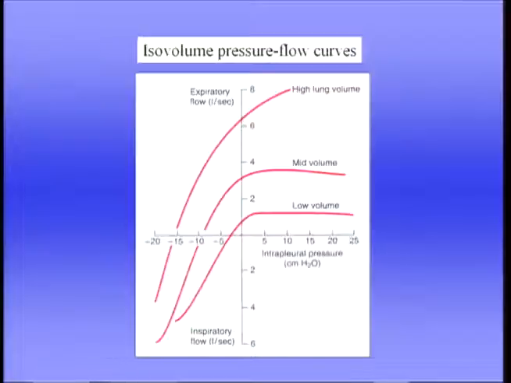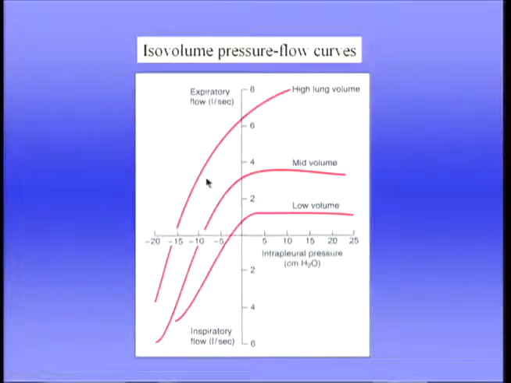And that's what you'd expect: the more you try to inhale, the faster the air is pulled into the lung. And that's also true of expiration at a high lung volume. At a high lung volume, you can see that the higher you raise the intrapleural pressure, shown down here, the higher the expiratory flow rate. So that is also expected.